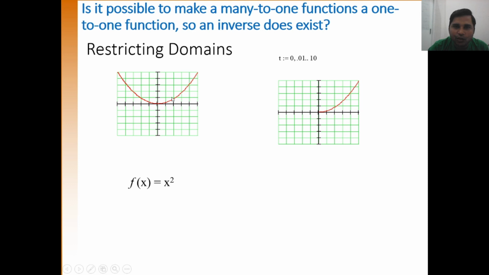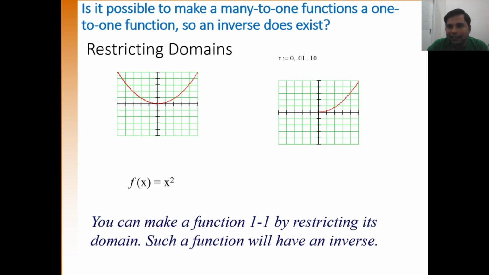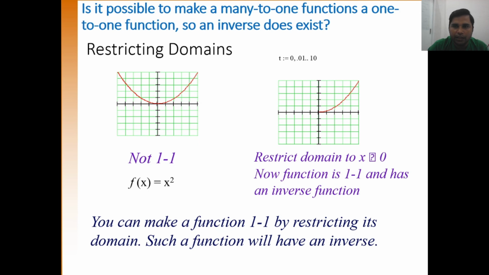But if we consider only the right part of the function, only x greater than or equal to 0, then in this case it is a one-to-one function because it passes the horizontal line test, right? So for x greater than or equal to 0, this becomes a one-to-one function.